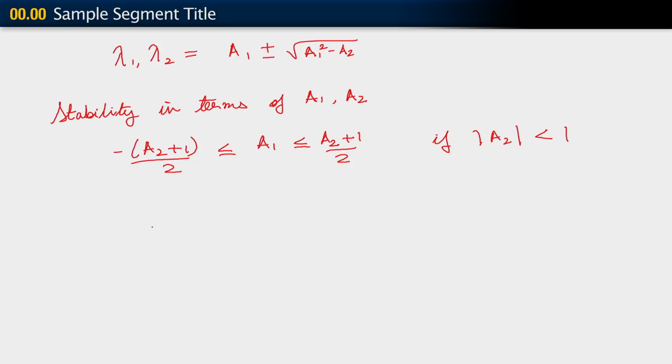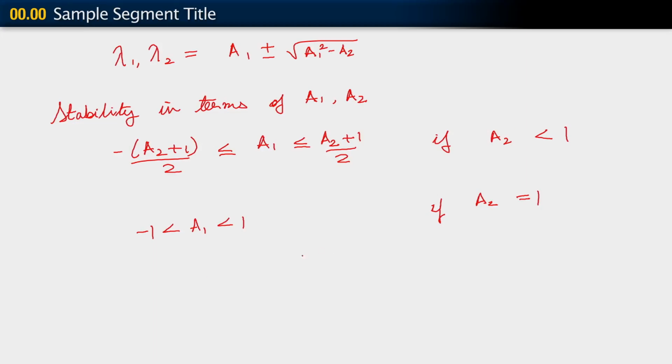And otherwise we get minus 1 is less than a1 is less than 1 if a2, sorry, it's not just the magnitude of a2, it's a2 itself, equals 1.